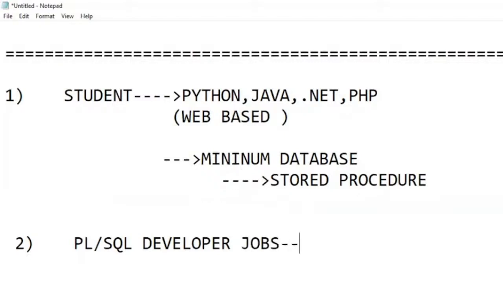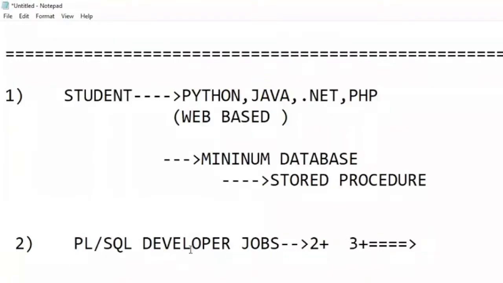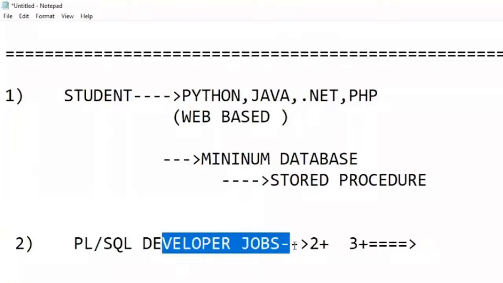Those persons are in our course. They are learning this course only for PLSQL developer purposes. Many people learn this course from me. Actually, I am a senior PLSQL developer, so I have very deep knowledge and teach only PLSQL.